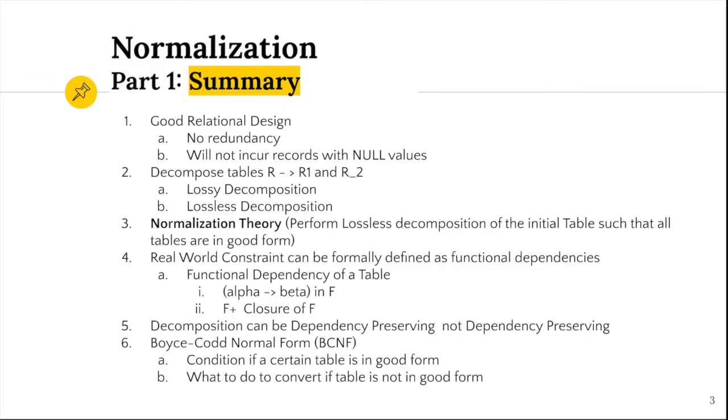Yung constraint natin are not just one relationship between the attributes, but sometimes it's a set, so it is in the set F. So if we have a set of functional dependencies F, we can also obtain a larger set, which is called the closure of F, that is the collection of all the functional dependencies that are obtained or logically implied from F. So in the previous lecture, we were introduced with the Armstrong axioms, and in fact, meron actually isang procedure that we could use to obtain all the functional dependencies in F plus given F.